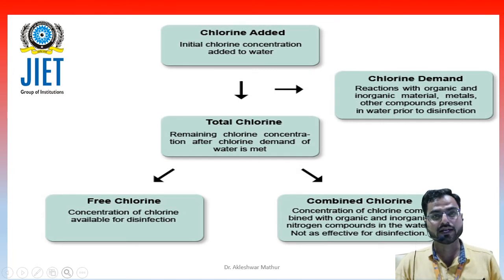So chlorine added is the amount of chlorine added to the water; chlorine demand is the requirement of the chlorine for the different oxidation processes to be completed in the water; total chlorine is the amount of chlorine remaining after consumption in the chlorine demand. And what is the total chlorine? It is the sum of two types of chlorine, that is the free chlorine and combined chlorine.